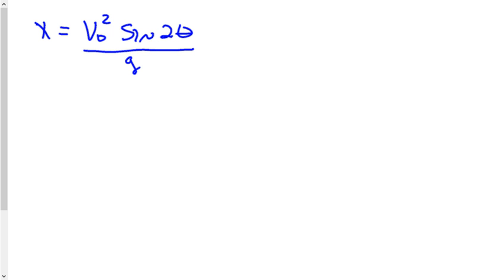Now what we want is the dx d theta for the projectile, so dx with respect to d theta. Well, V naught squared over g is just a constant, so we can put that there.